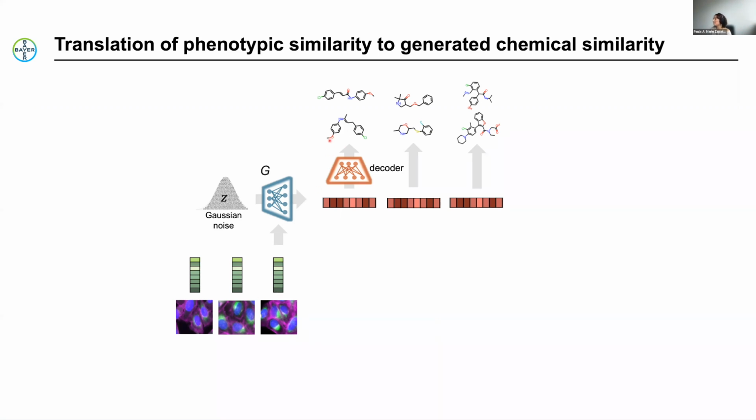In most experiments we usually generate thousands of molecules, but here I only show two because it's not possible to show more. The interesting question is: are there any sensible relationships between the input profiles that we use to condition the network and the output chemical space that comes from the model?